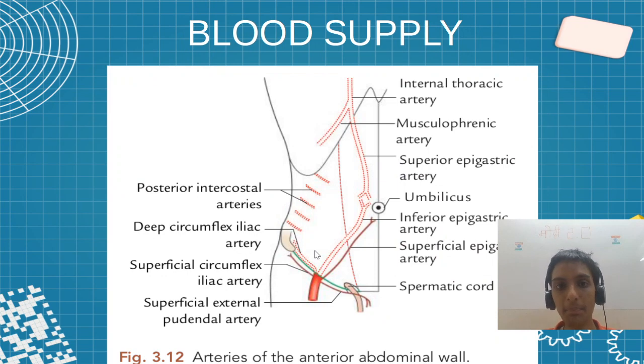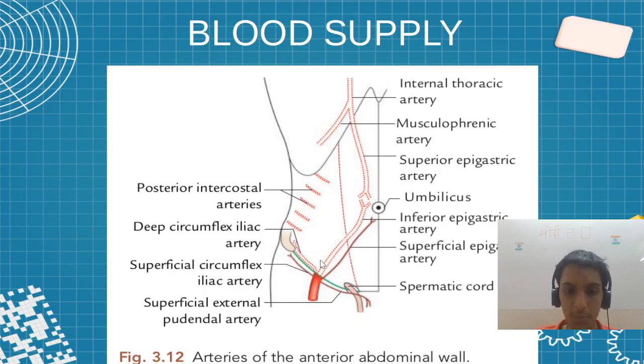Let's see the blood supply associated with the anterior abdominal wall. So you're seeing that the superior and inferior epigastric artery, they are forming end arteries. Remember, superior epigastric is coming from internal thoracic artery, inferior is coming from the iliac artery, circumflex iliac, superficial and deep.